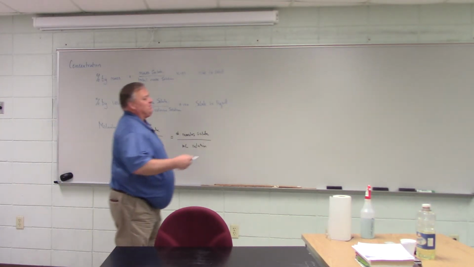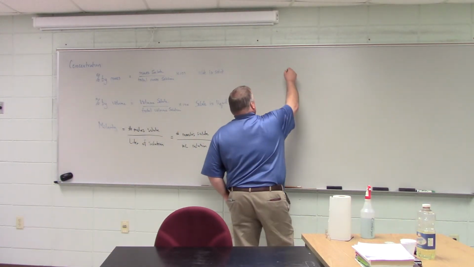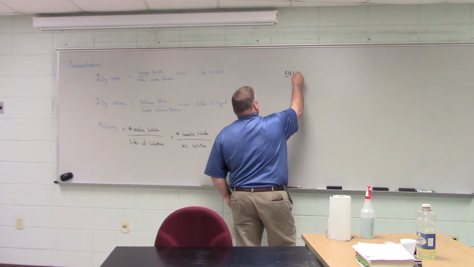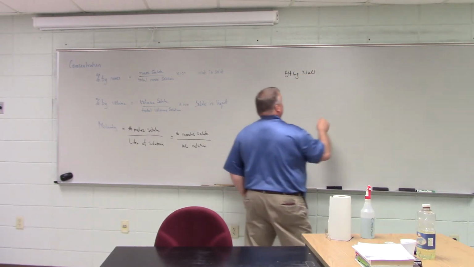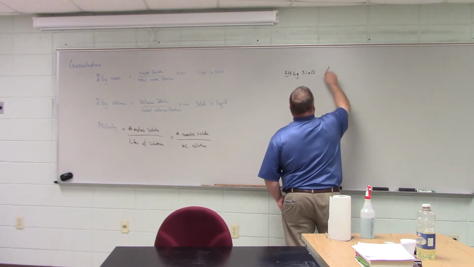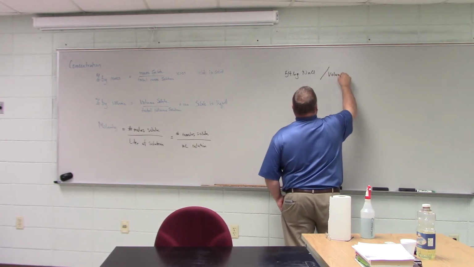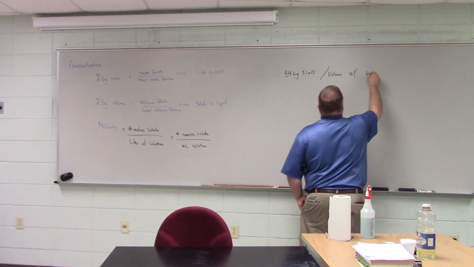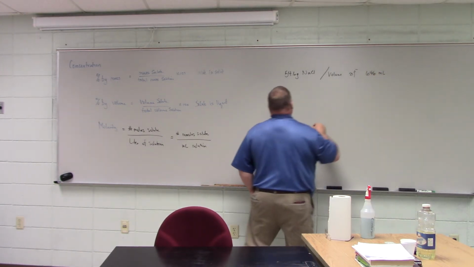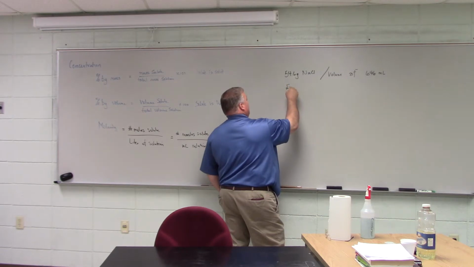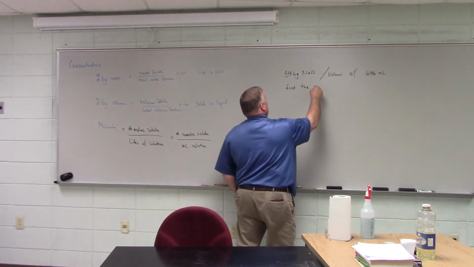So let's say we have a solution. It contains 54.6 grams of sodium chloride. This solution has a volume of 646 milliliters. My question would be to find the molarity.